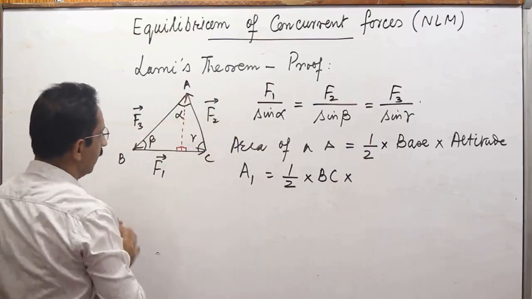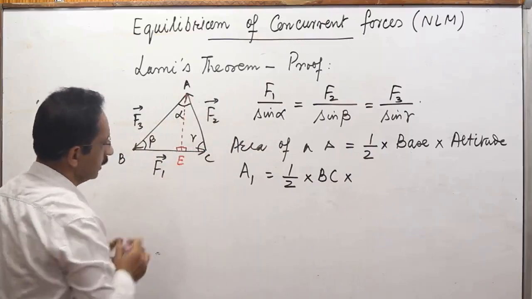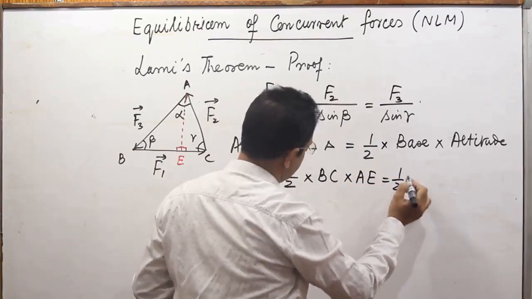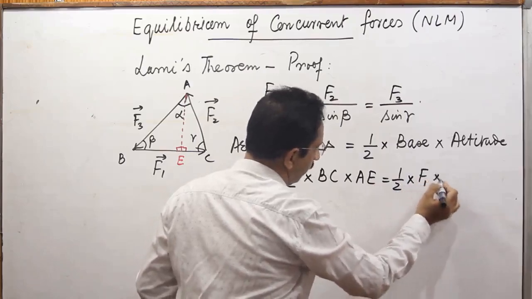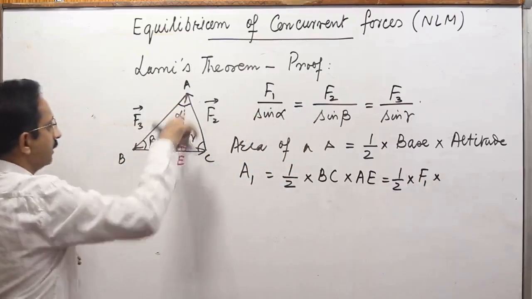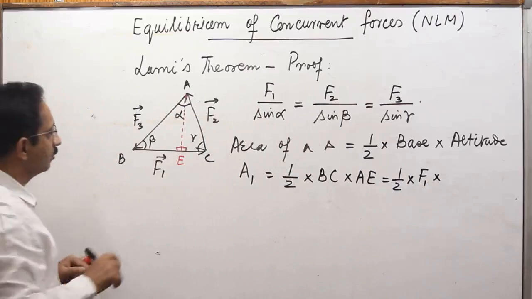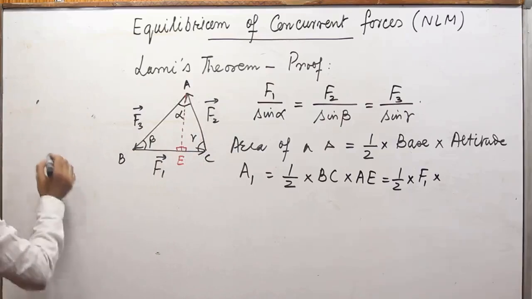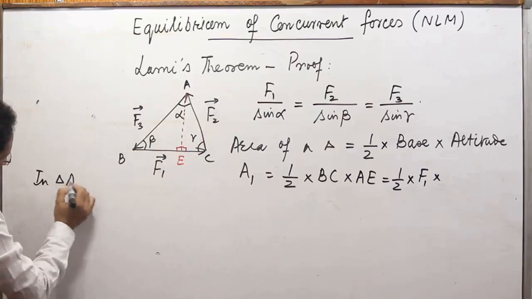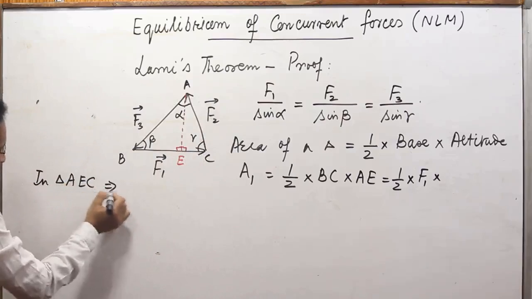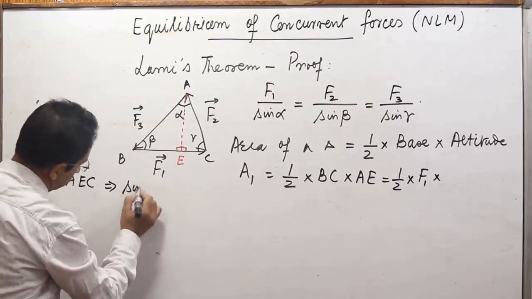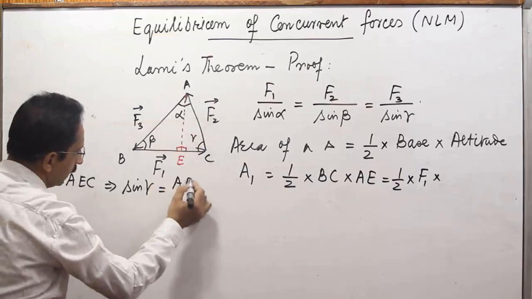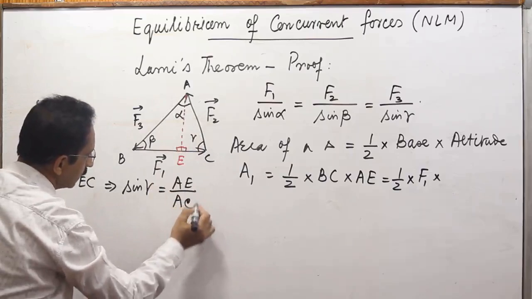So this area A1 would be equal to 1 by 2 into, I take the base BC multiplied by altitude. तो मैं इस पॉइंट का नाम E रख देता हूँ. I call it as E. So multiplied by AE. This would be 1 by 2 into, so BC is F1 multiplied by AE. Now for AE, I can use the triangle AEC. So you'll see कि in triangle AEC, we have sin gamma. Sin gamma is equal to perpendicular AE divided by hypotenuse, that is AC.